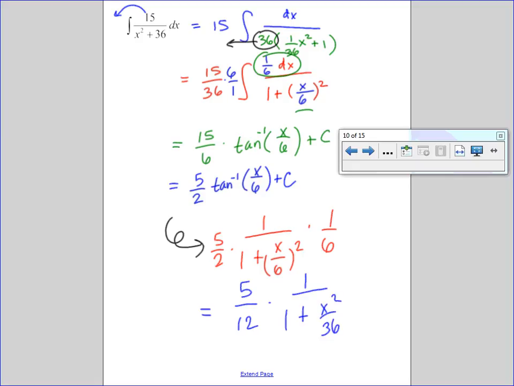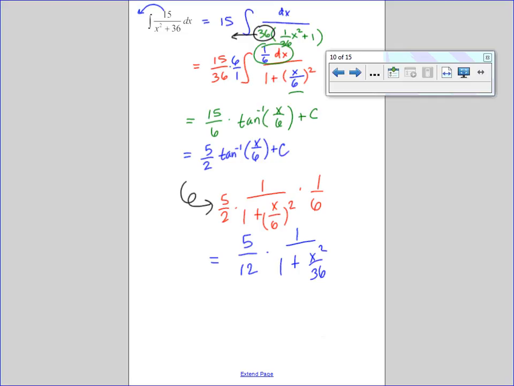And we want to make it look like that. So what would I have to do here? Can we get all the way there? Common denominator. 36 plus x squared over 36 on the bottom, times 5/12.